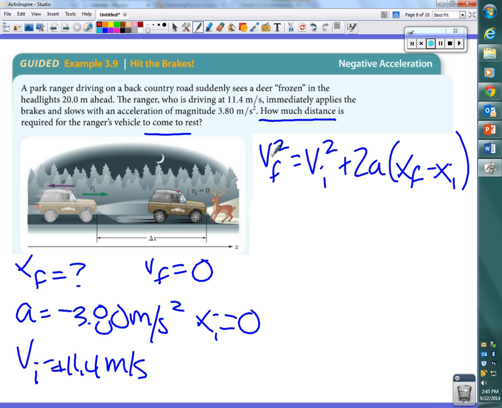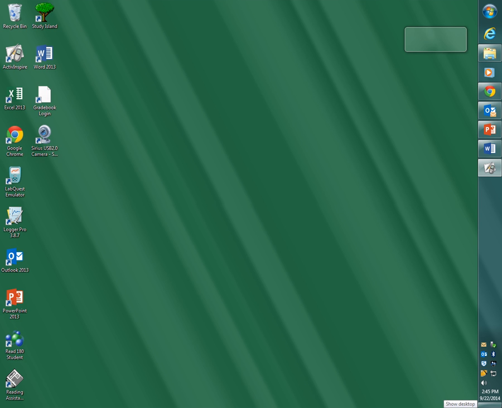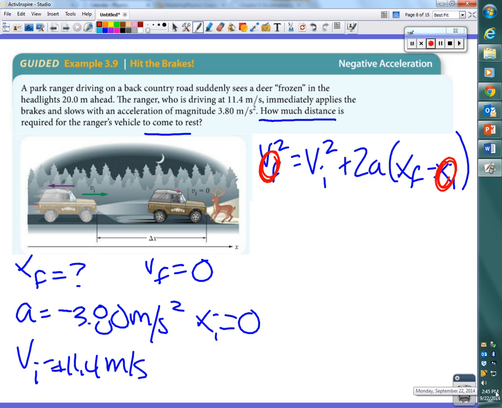We learned that the final velocity was 0, so that term just becomes 0. And the initial position is 0, so that becomes 0 as well. So then this equation simplifies to 0 equals VI squared plus 2A x final.